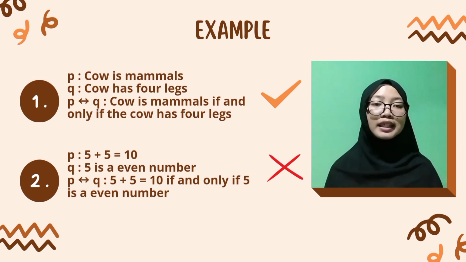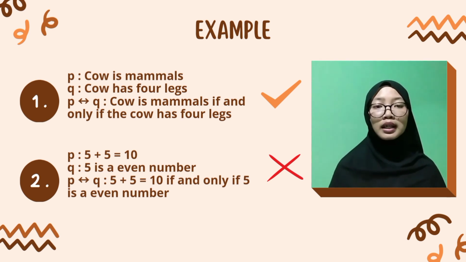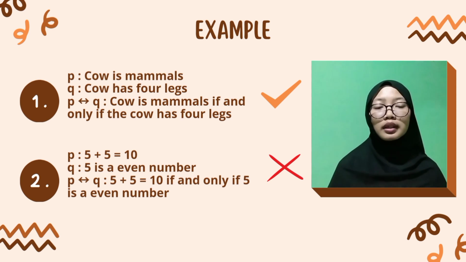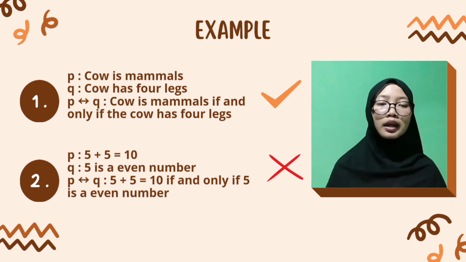We go to the second example. The P statement is "5 plus 5 is 10", and the Q statement is "5 is an even number". So the biimplication of P and Q is: 5 plus 5 is 10 if and only if 5 is an even number.